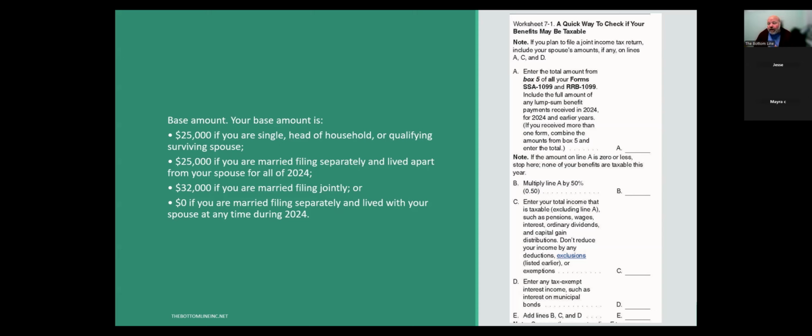Or if you retire from the railroad, you would not get an SSA 1099, you would get an RRB 1099 for the railroad. Sometimes I have had a client who fought to get Social Security, there was some screw up, and then all of a sudden, 3 years later, they got a lump sum. We're going to enter all box 5 here.